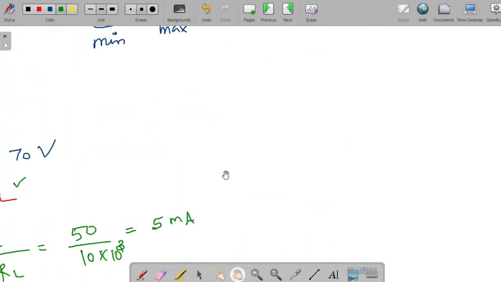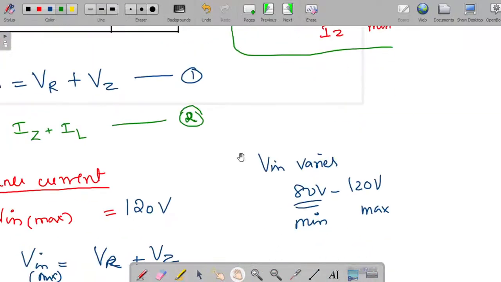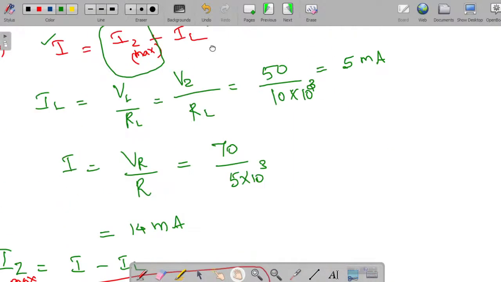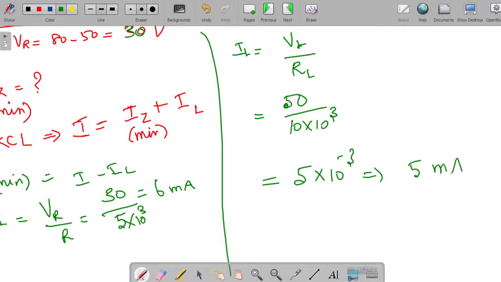RL is 10k, so 10 into 10 power 3. So it is 5 into 10 power minus 3, that is 5 milliamps.